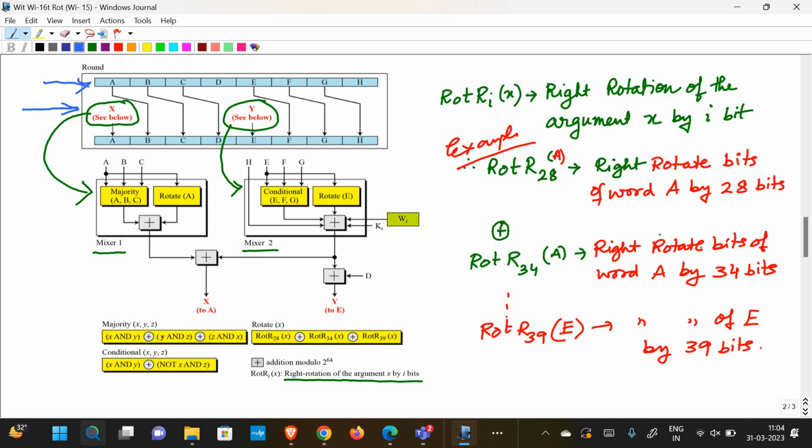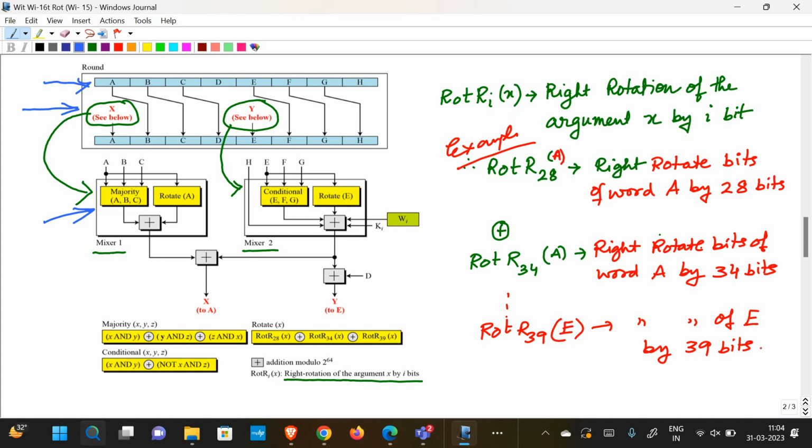The rest of the bits are just shifted. You can see the rest of the bits are not that difficult to understand. It's just that A is shifted to B, B is shifted to C, C is shifted to D, E is shifted to F, F is shifted to G, and G is shifted to H. There is something that happens other than that, and that is explained in this particular block. You can observe that there are 2 segments to it.